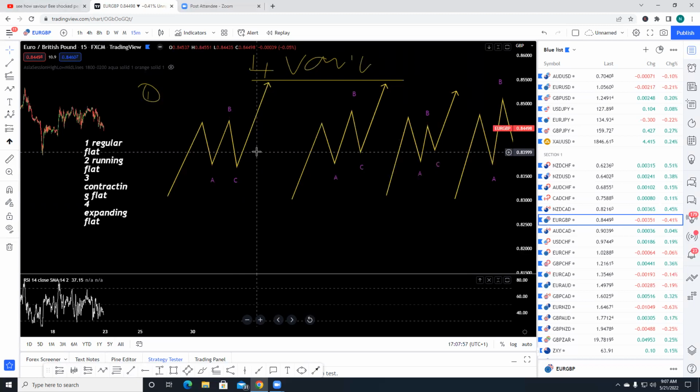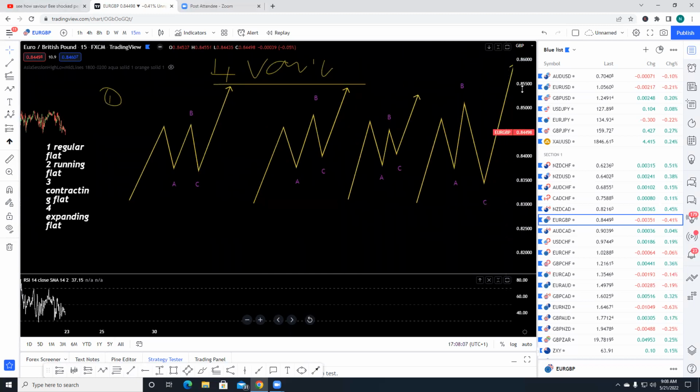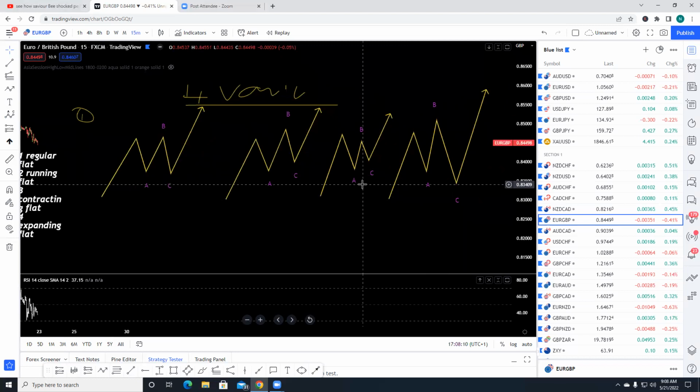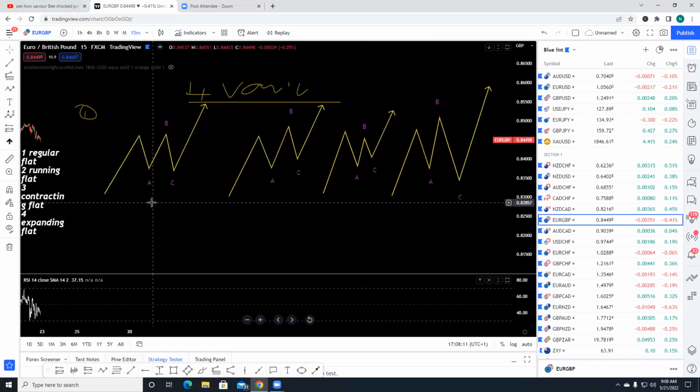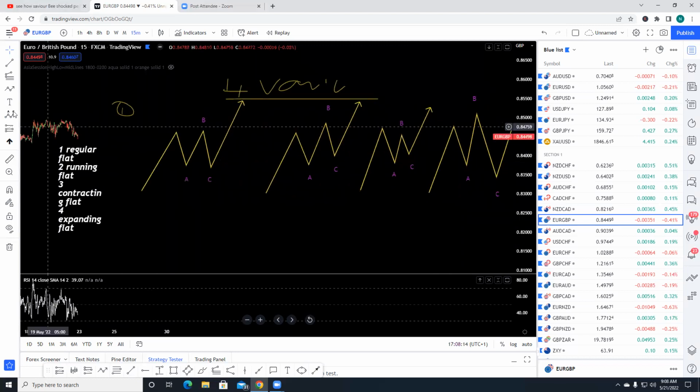And there are moments where wave B is in the middle, a bit short. Do you understand? So that is what is going to give meaning to the different variations of flat corrective structure that you have.